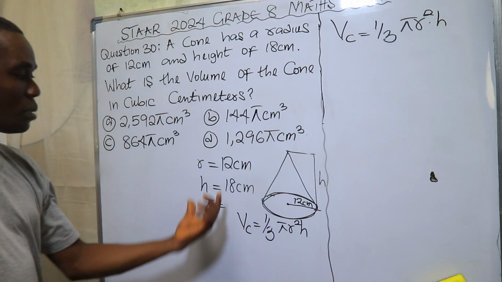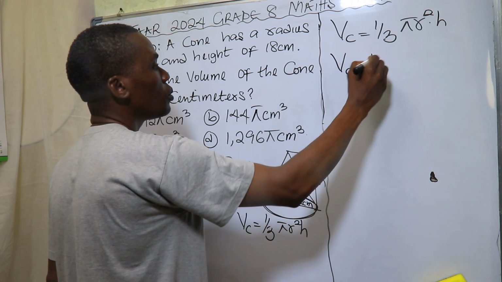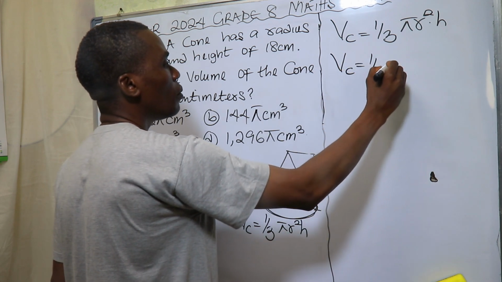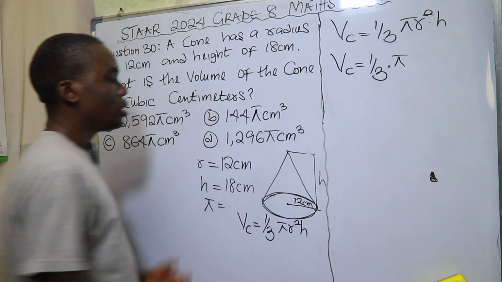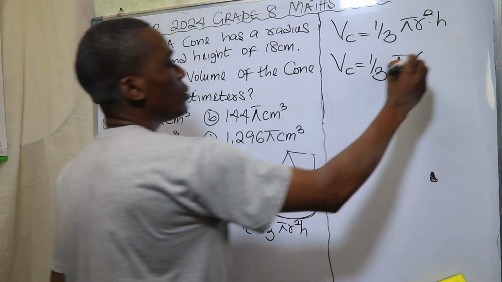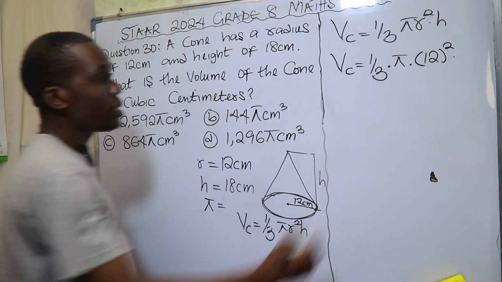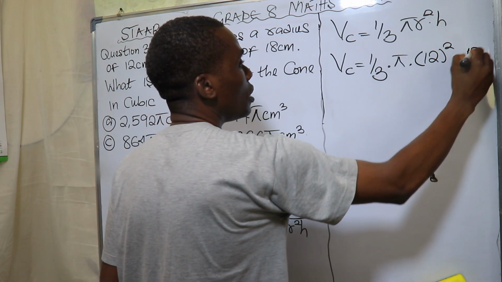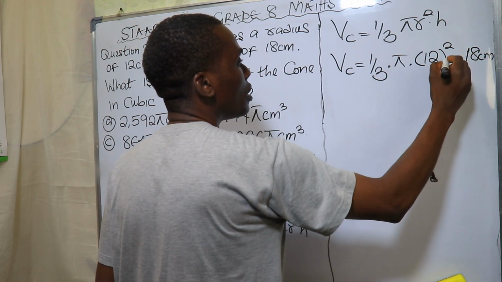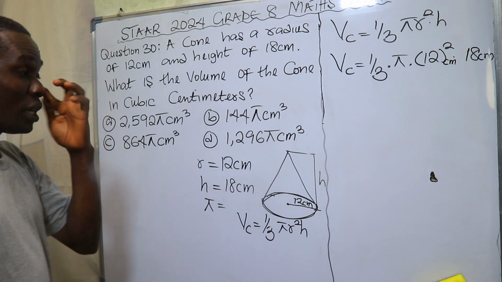Now let's plug in these parameters. The volume of the cone is equal to one divided by three multiplied by pi, which is not given, multiplied by the radius, which is 12 centimeters squared, and multiplied by the height, which is 18 centimeters. So how do we find the solution?